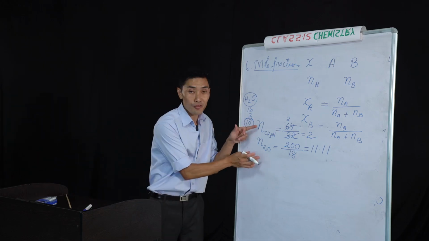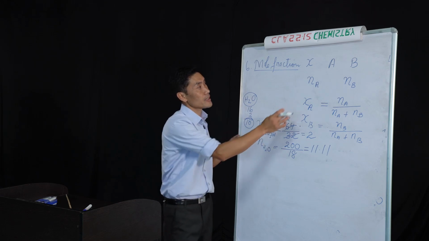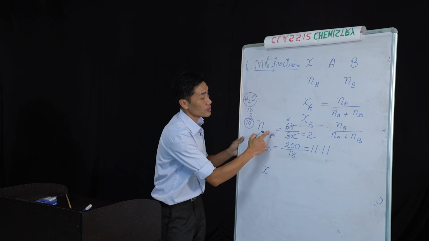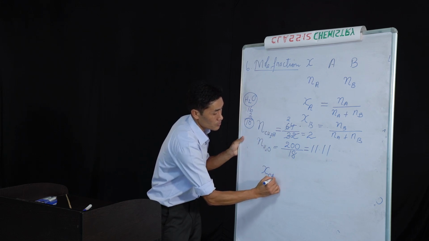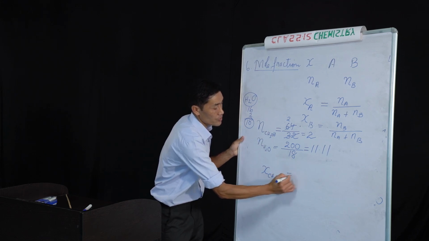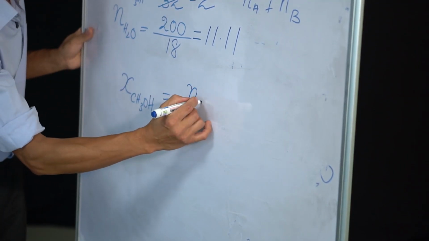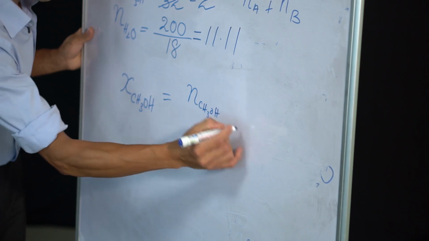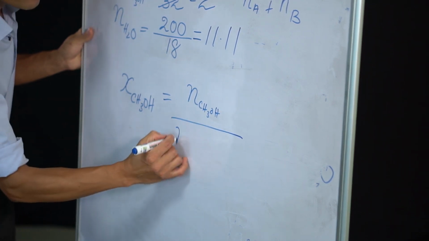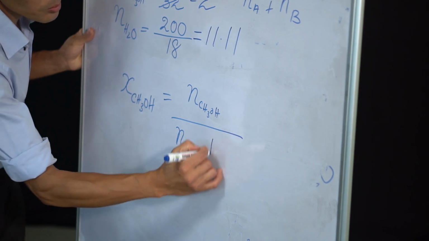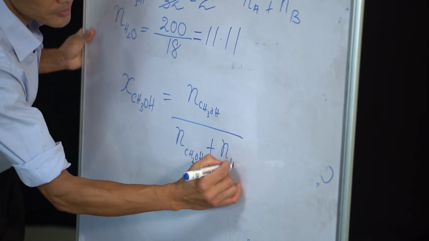After finding the number of moles, we finally find out the mole fraction. So mole fraction of methyl alcohol will be given by number of moles of methyl alcohol divided by the sum of number of moles of both components, so number of moles of methyl alcohol plus that of water.